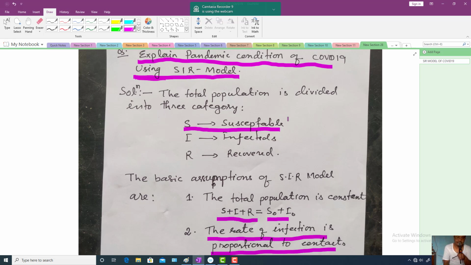So everyone, without caste, creed, or sex, all human beings are equally susceptible to the disease. And I represents the number of infected people in the population, and R represents the recovered.